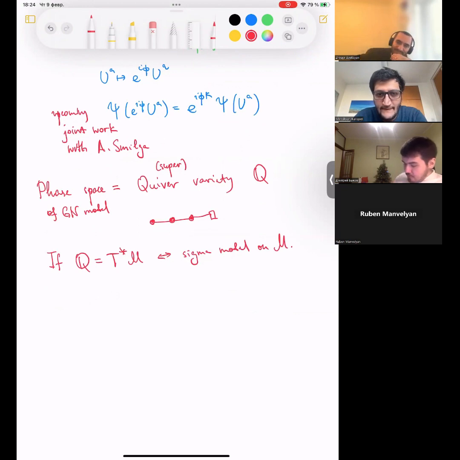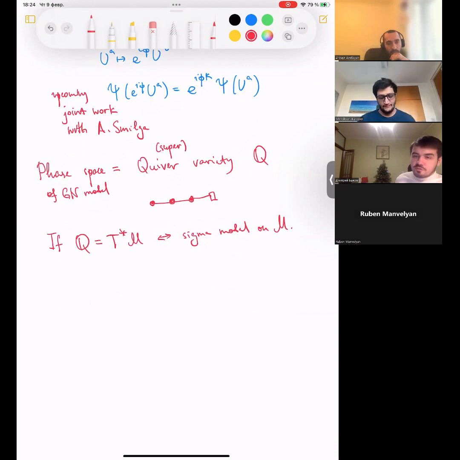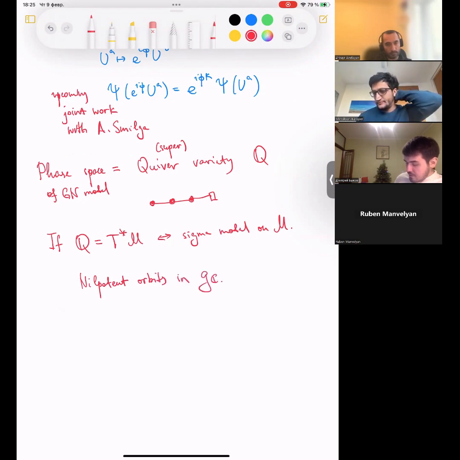For example, there's also an interesting relation to nilpotent orbits. So it's known that nilpotent orbits in complex Lie algebras can be described as quiver varieties.